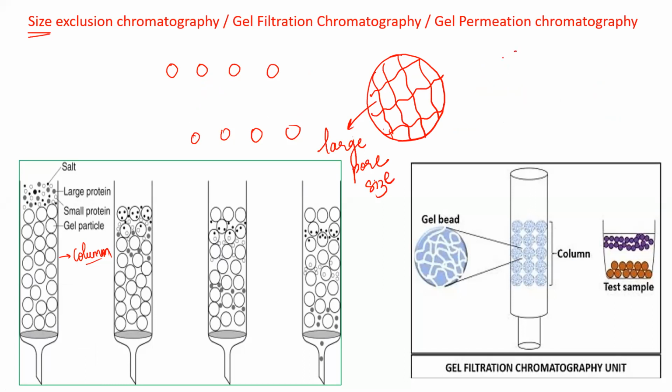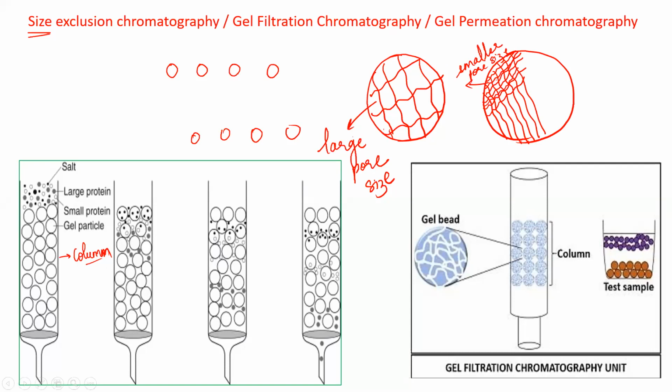Now, if there is very intricate networking, very close bonding, whatever pore size you're going to get is much smaller. So I'm not drawing it completely. It is somewhere like this, very intricate, and the smaller particles in the mix that you have been given are going to fit inside here. So these will be smaller pore size.